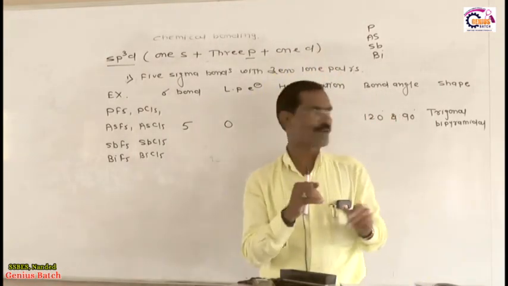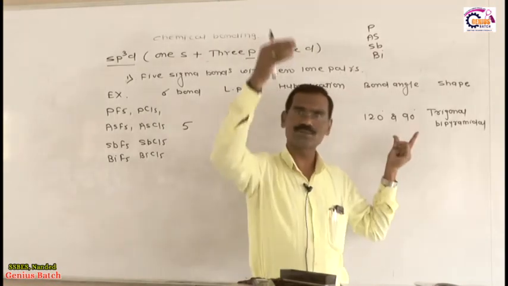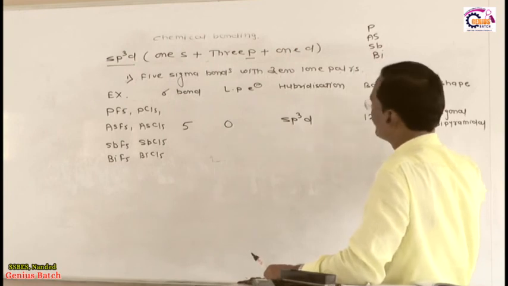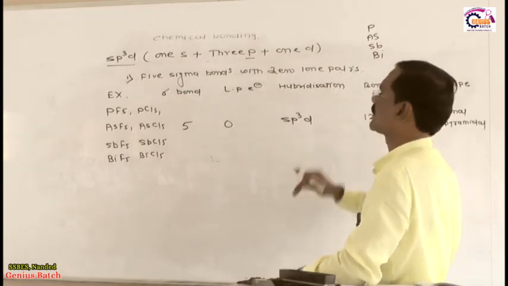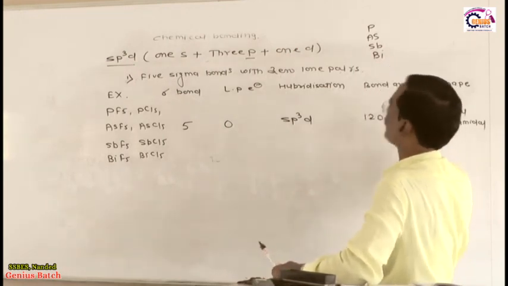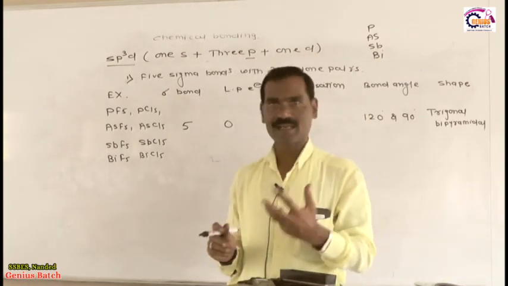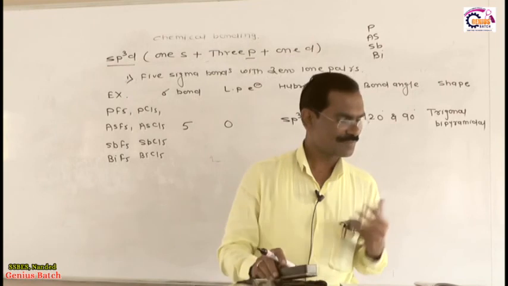The 3 equatorial bonds make a bond angle of 120 degrees and the 2 axial bonds make a bond angle of 90 degrees. This is the very interesting concept related to 5 sigma bonds with 0 lone pair. So dear student, you should not have any problem in the first case.